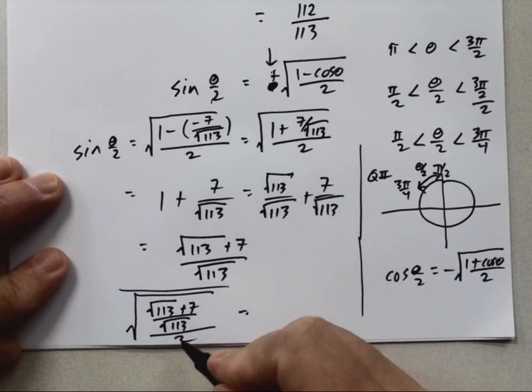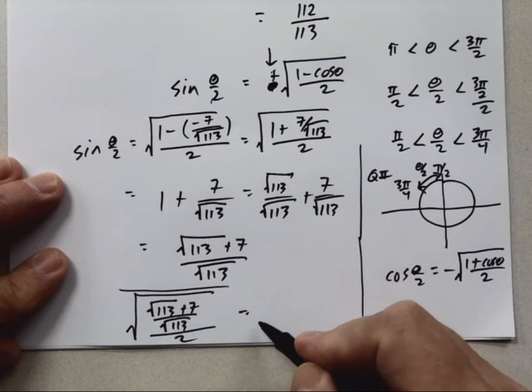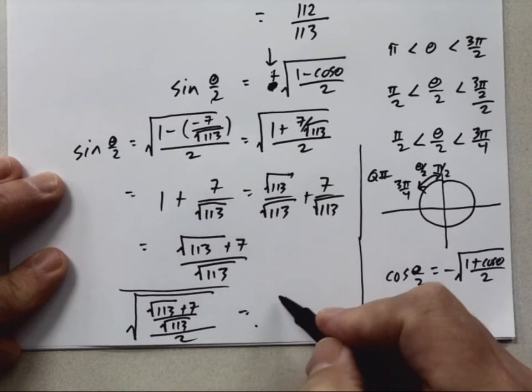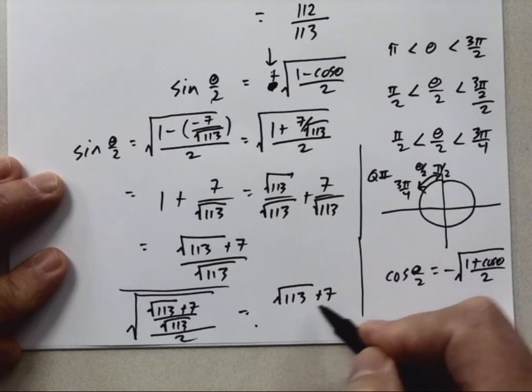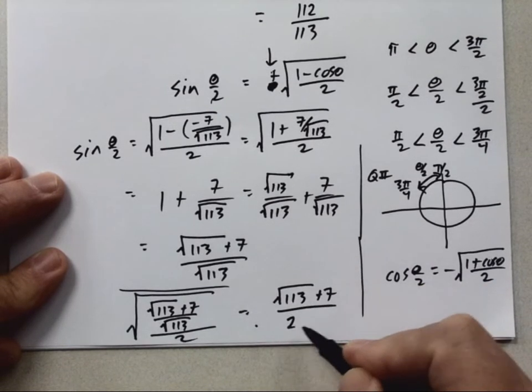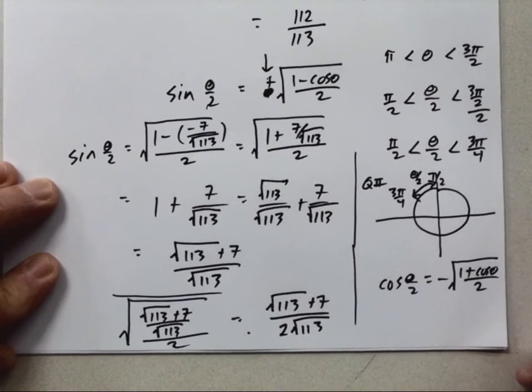So now I have a fraction over a number. So what do I do? I multiply this number times the denominator. So it really becomes square root of 113 plus 7 over 2 square root of 113.